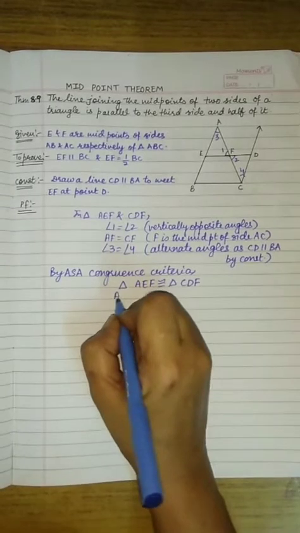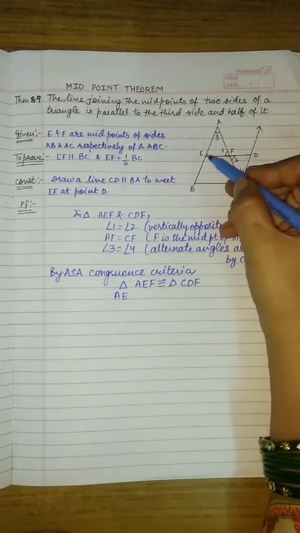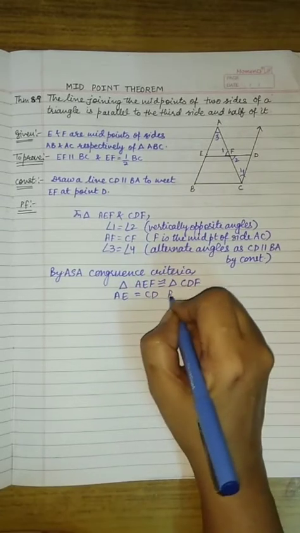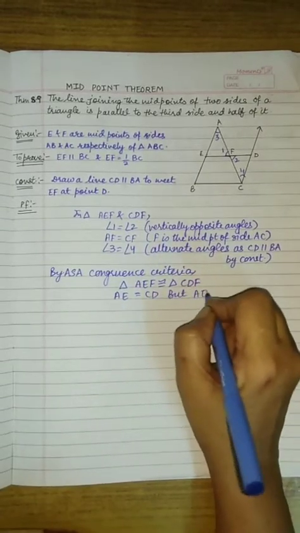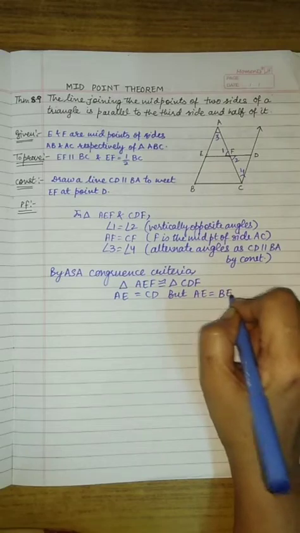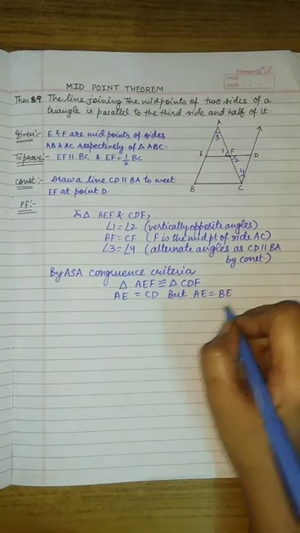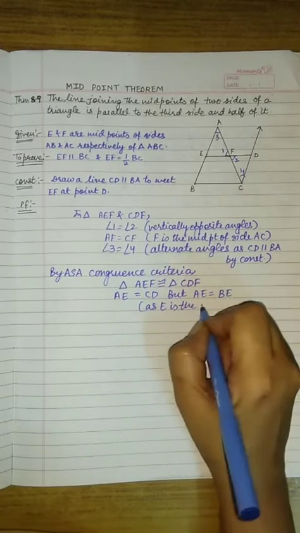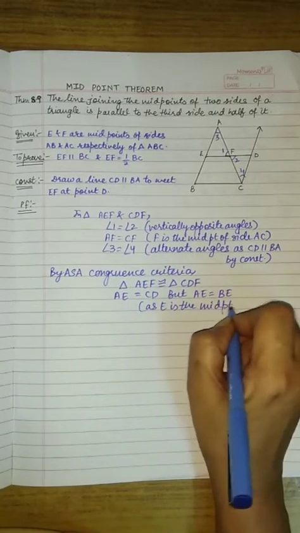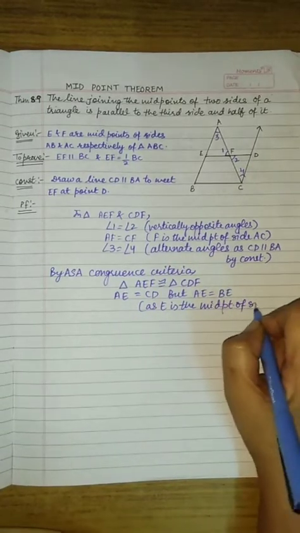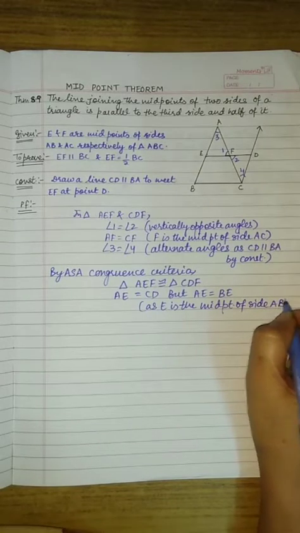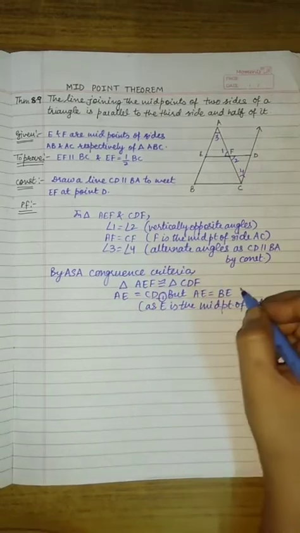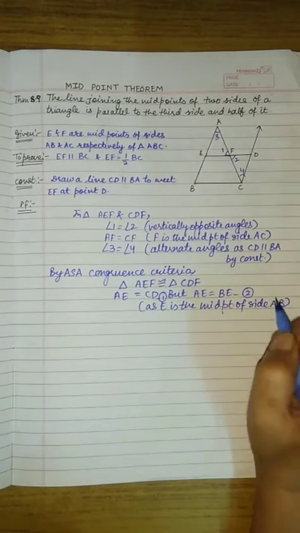So AE is equal to CD, but AE is equal to BE also, as E is the midpoint of side AB. So let this equation be equation 1 and this equation be equation 2.